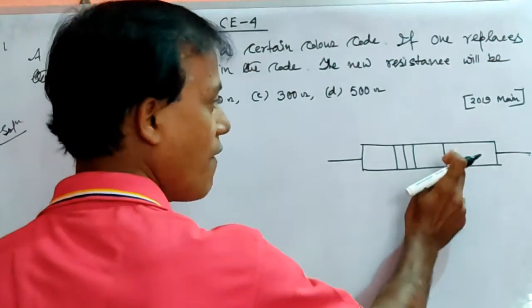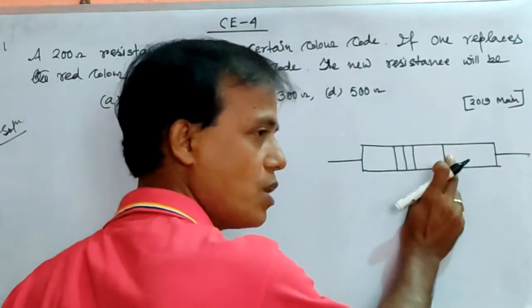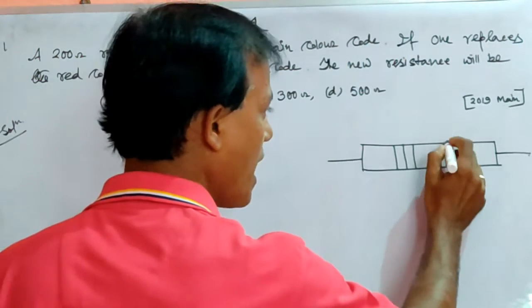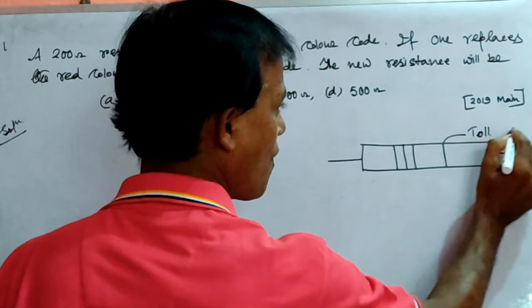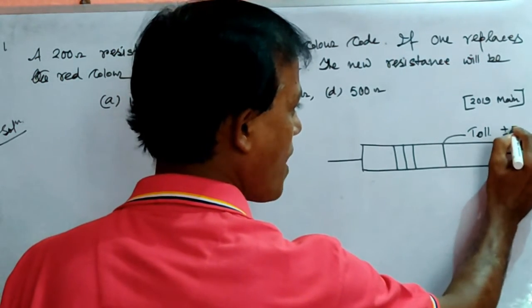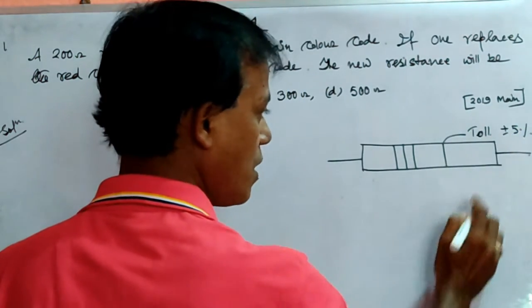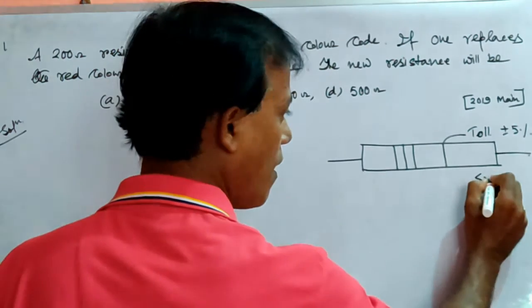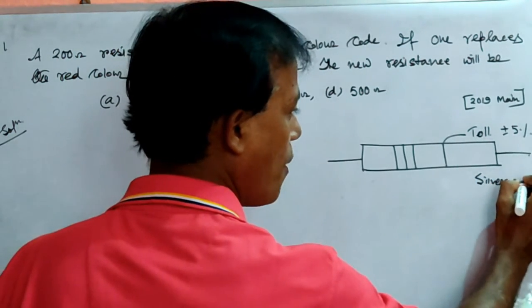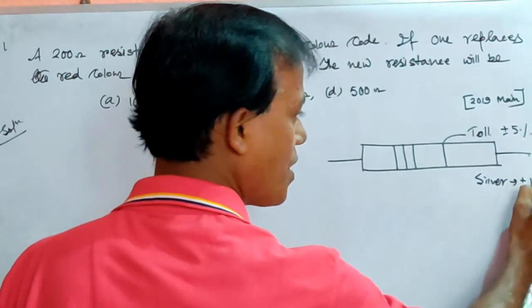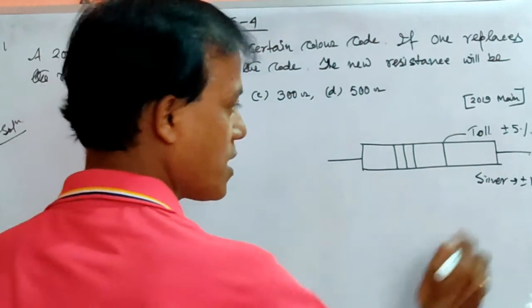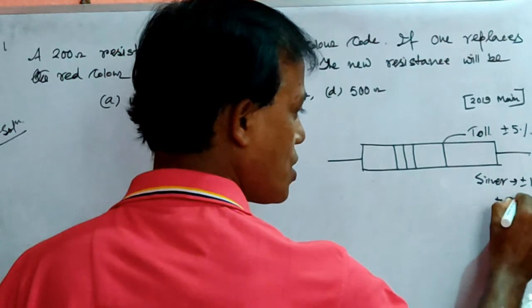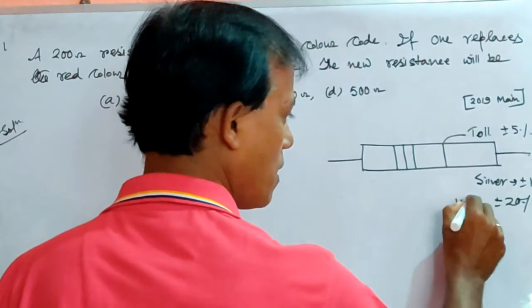If it is gold, then it indicates a tolerance of plus minus 5%. For silver, plus minus 10%. If there is no color, then we consider the tolerance to be plus minus 20%.